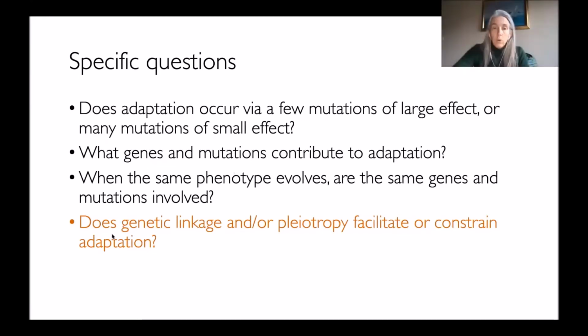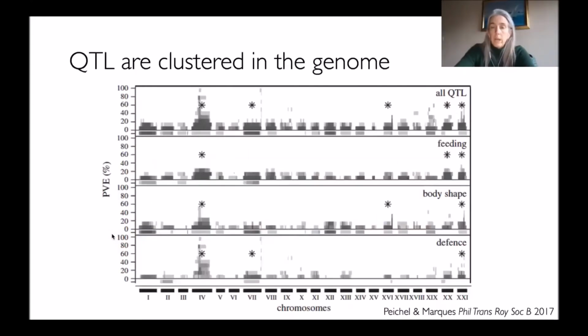And so the results of that analysis are shown here. On the bottom are the 21 different stickleback chromosomes. And we've looked at all of the QTL together. And then for the categories of feeding and body shape and defense, we had a lot of QTL, so we could look at the distribution of specific types of traits.